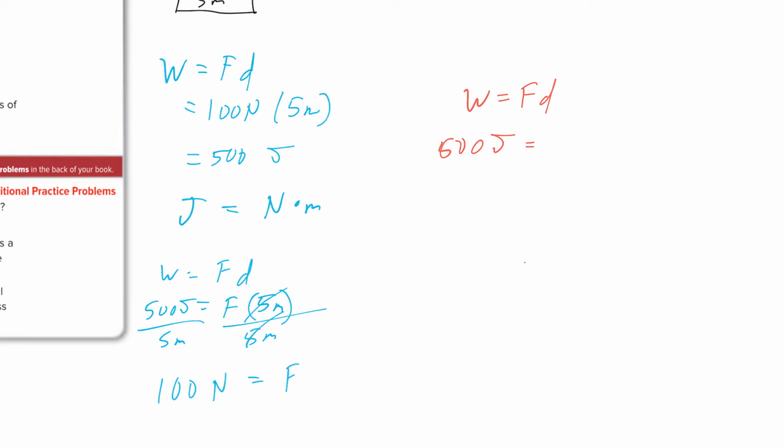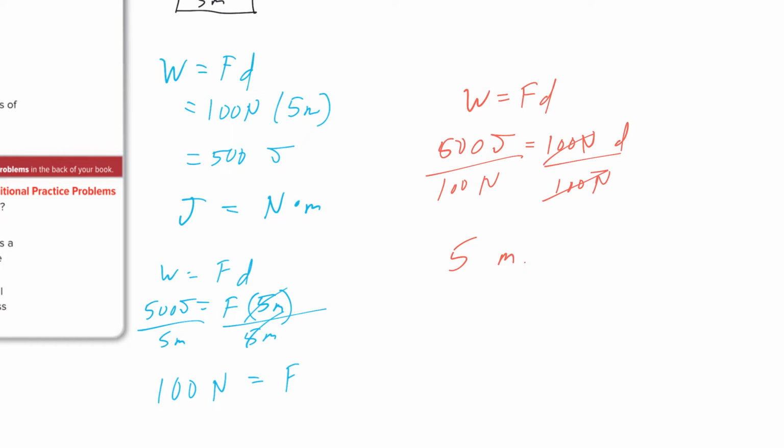And the force applied was 100 newtons. How far could you move something? Okay, so just take both sides, divide by 100 newtons. All right, so you ended up with 5, and that's going to be meters.